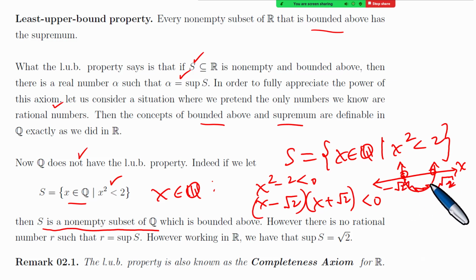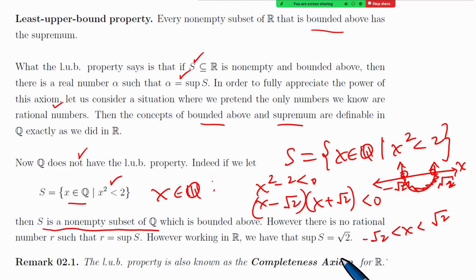Obviously the solution to this inequality would have to be minus square root of 2 is less than x less than square root of 2. But in this case, the square root of 2 is a real number. It's not a rational number.